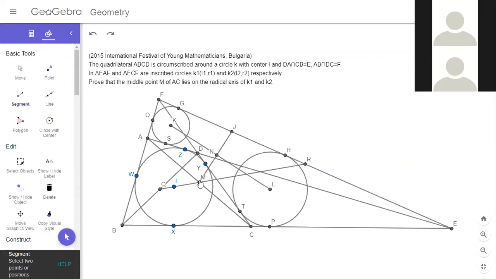I'm trying to think, so this would be a law of cosines bash, which I'm going to try to avoid eventually, but maybe it'll give me some idea. So we want to show that MK squared minus this radius squared is ML squared minus this radius squared. But MK squared, we have MA is equal to MC. Yeah, but we'd have to find AK and CL.